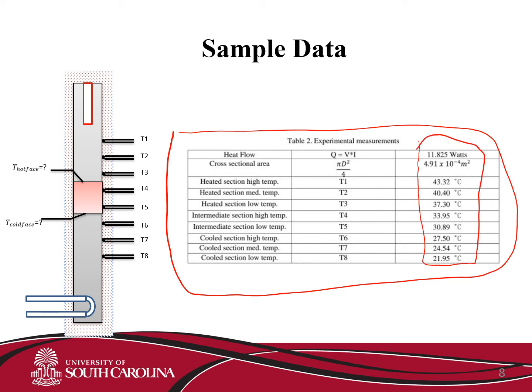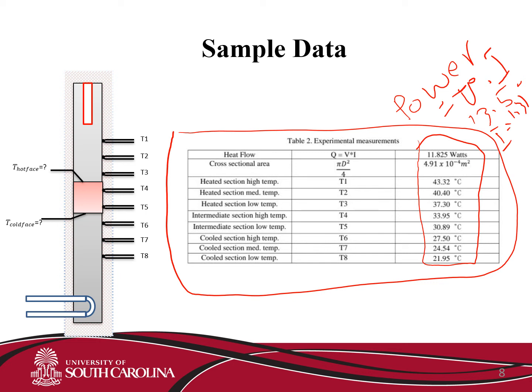So how to find the power? Power equals V times I. You have the voltage 13.5 and then you have the ampere, which is 1.31. I will give you this in the Excel file.